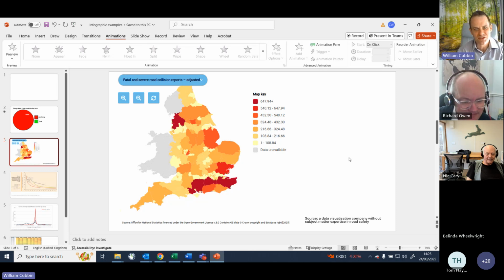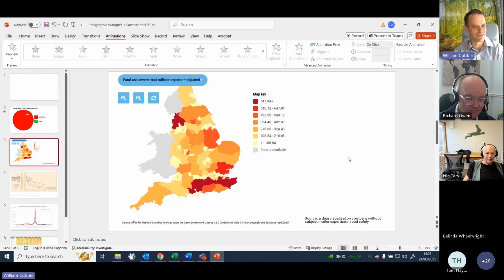But the problem is this isn't adjusted for traffic and it's not adjusted for population. So essentially it tells you how big the different highway authorities are, by a proxy measure of the number of KSI on their network. On this particular platform, you can click on the highway authority and look in a bit more detail, but that screen doesn't tell you any more than what's here.